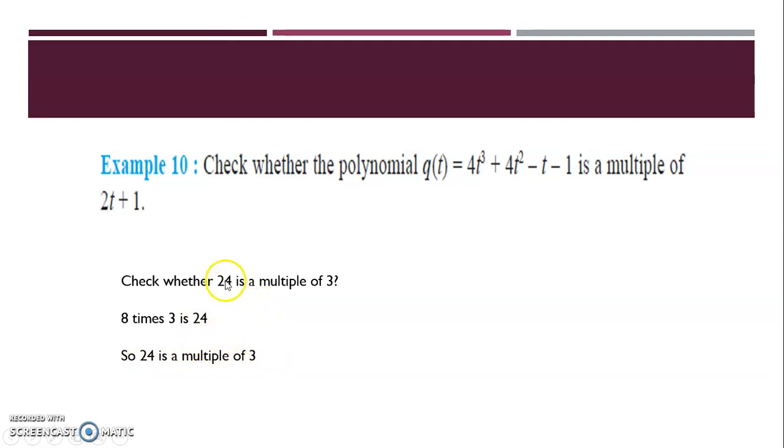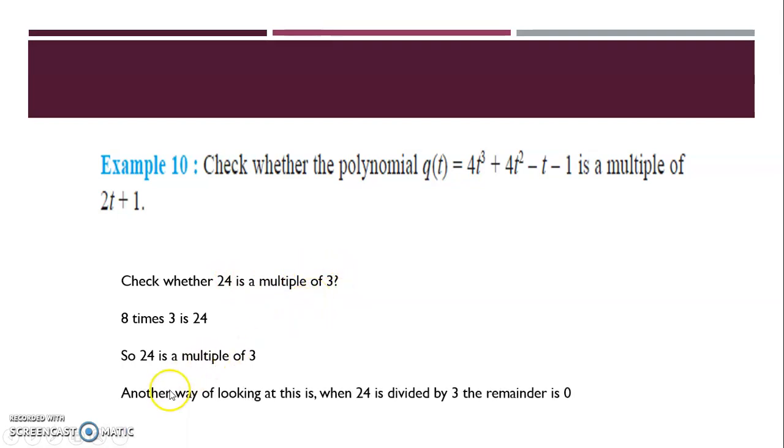So what happens when the numbers are very large? Suppose one example like 224568. How do we check whether it is a multiple of 3 or a multiple of 8? Another way of solving this is that when 24 is divided by 3, the remainder is 0. Suppose I want to check whether 845 is a multiple of 7.